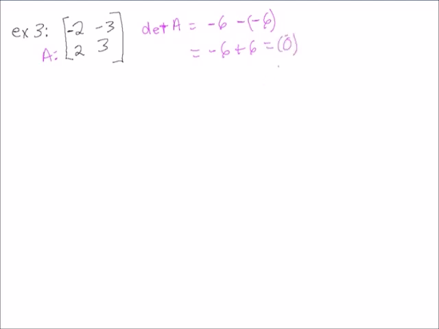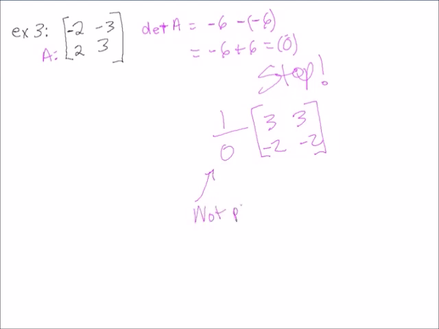Okay, and we stop. Okay, and we cannot do that because 1 over 0 of 3, 3, -2, and -2, this right here is not possible. You cannot divide by 0. So that's not possible. Okay?